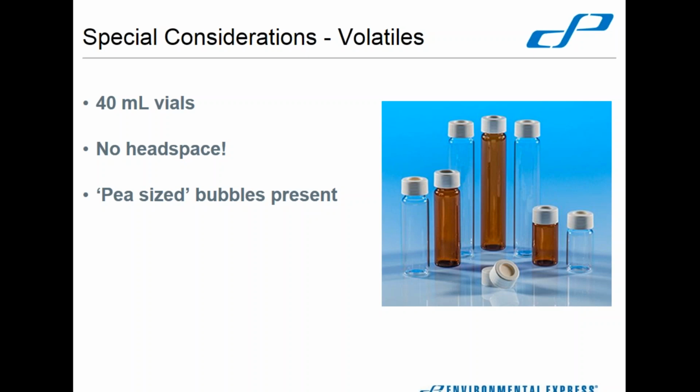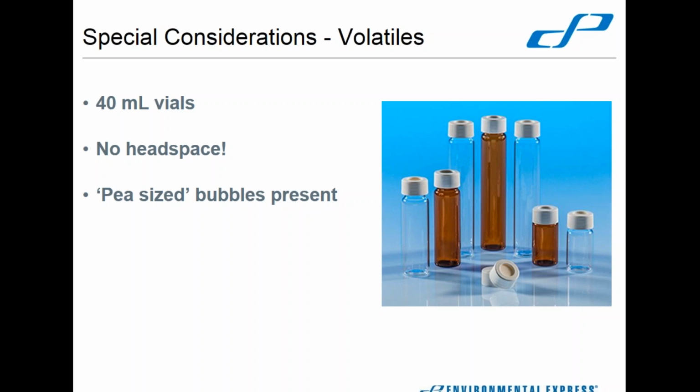You don't want headspace because volatile analytes, volatile organics, are so named because volatile means that they will evaporate. And if they evaporate in your container, then they are going into that headspace. They're going into the air that is above the sample. Then when you take the lid off, the air mixes with the outside air and you have lost everything that you are trying to analyze.